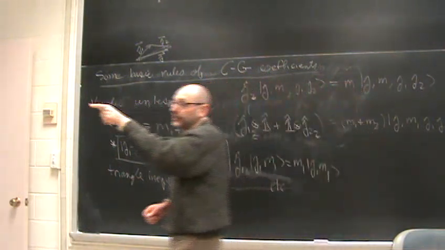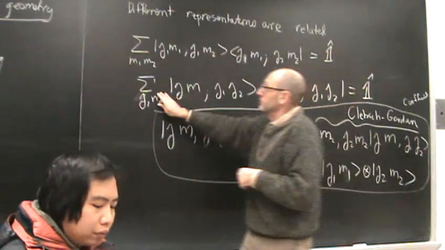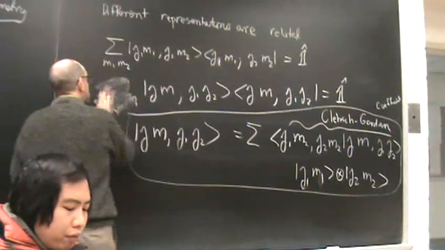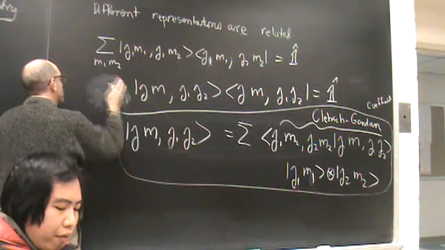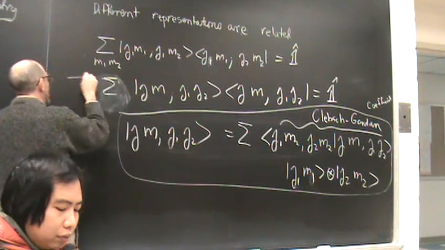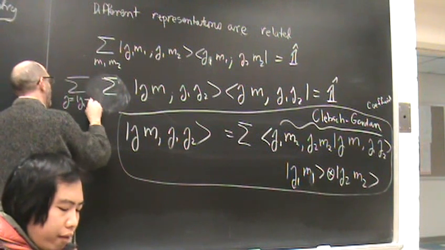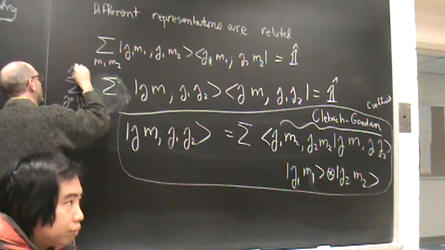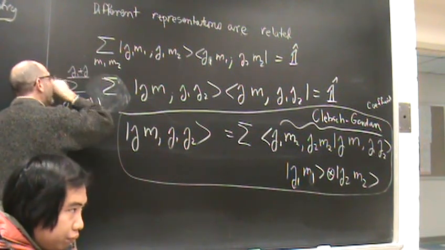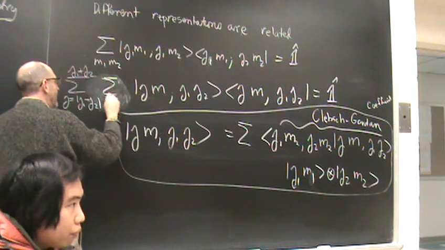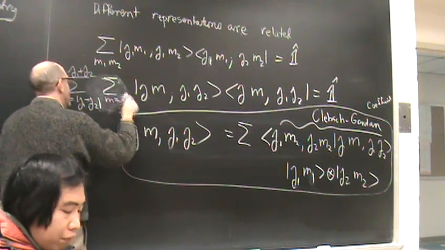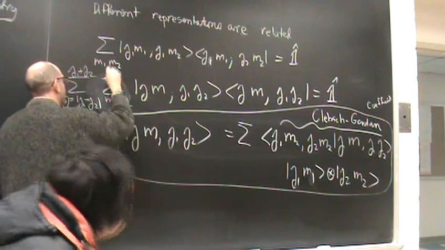So going back to this sum over here, J goes from the smallest possible value to the biggest possible value. And for every one of those magnitudes, M has a projection that goes from minus J to J.